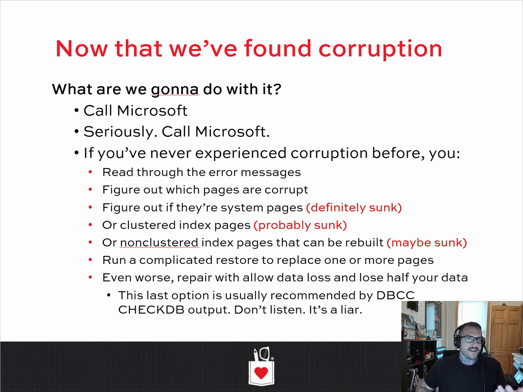If they're clustered indexes, they'll tell you to find a backup that works, or for non-clustered indexes, run a complicated restore process to replace single pages in a database, which you can do. It's crazy and it's awesome, but it's hard work.